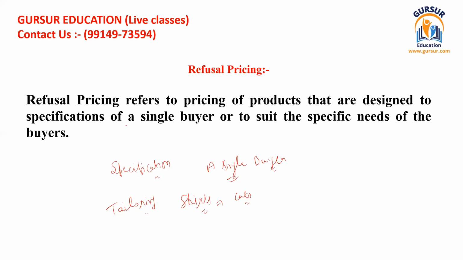So on the basis of a single buyer's specification, the product is made, and whatever is charged for that product is known as refusal pricing. So refusal pricing refers to pricing of a product that is designed to the specification of a single buyer or to suit the specific needs of buyers. So this is known as refusal pricing.